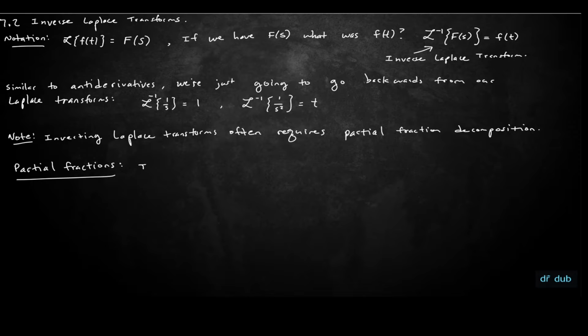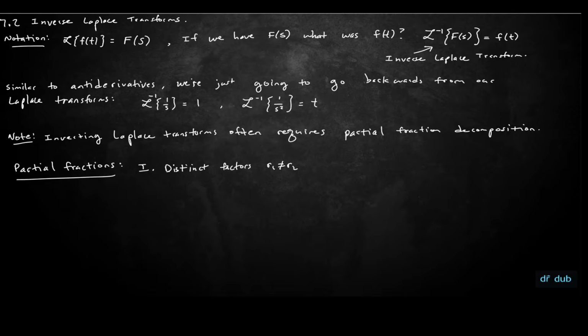The first thing that could happen is we could have distinct real factors, r1 not equal to r2.